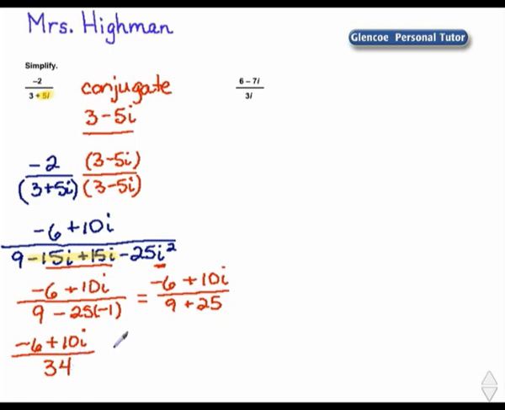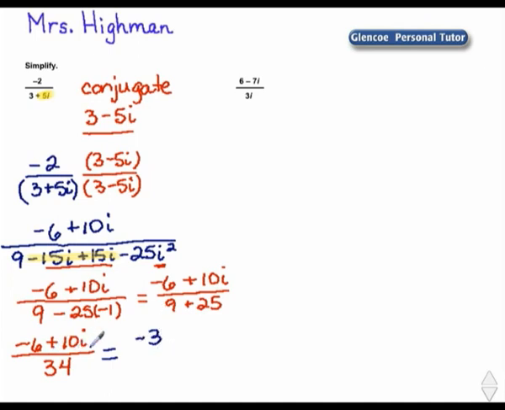And now we can simplify this fraction. We can just think of it as one big fraction that we can divide out the common factor of 2. So we're going to divide each term by 2. So we'll simplify this one last step. -6 divided by 2 is going to give us -3.